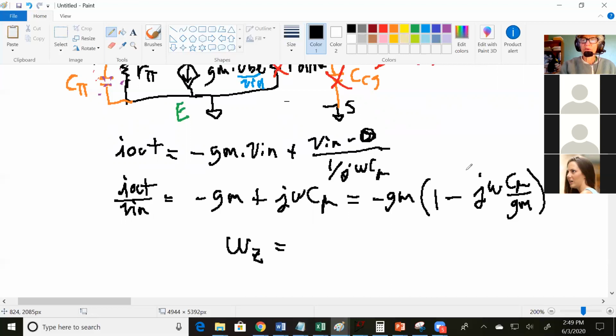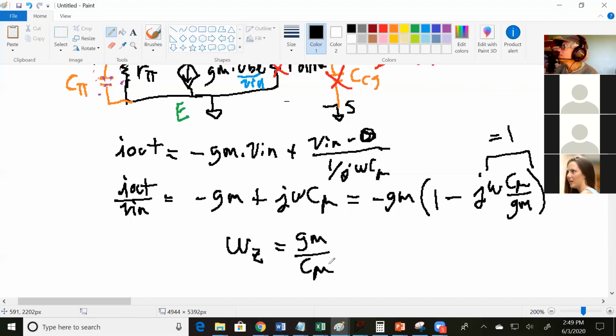Okay, when the whole thing becomes 0, but what about the second term? Do you just solve for omega? Yeah. So to make this have a magnitude of 1, omega times C mu over GM, you want that to equal 1. It's the inverse of that, GM over C mu.